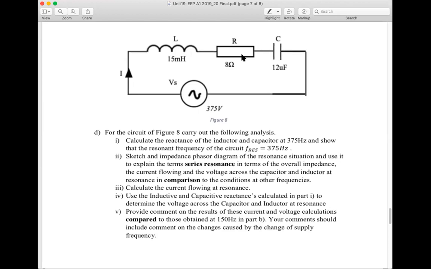But the trick is that XL has a positive 90-degree angle and XC a negative 90-degree angle, so they effectively cancel out at resonance. So the only impedance left at resonance is the resistor. Therefore, at resonance, the overall impedance is as low as it's going to be, and therefore the current is going to be its highest.